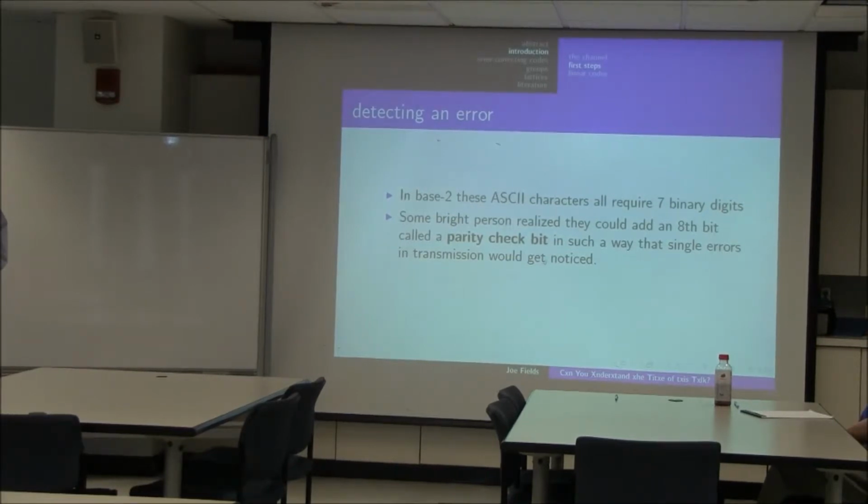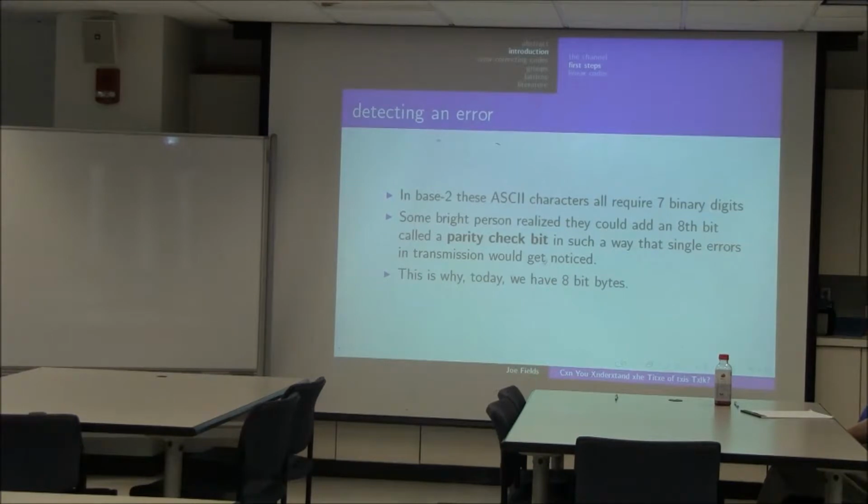And if it's odd, the parity of that whole message is odd, you're just going to add an extra 1. If the parity that you calculated from the first 7 is even, then you don't have to do anything. So the parity check bit would be 0. But after you're done adding a parity check bit, you're going to have even parity. There will be an even number of ones all told. And that's kind of useful.